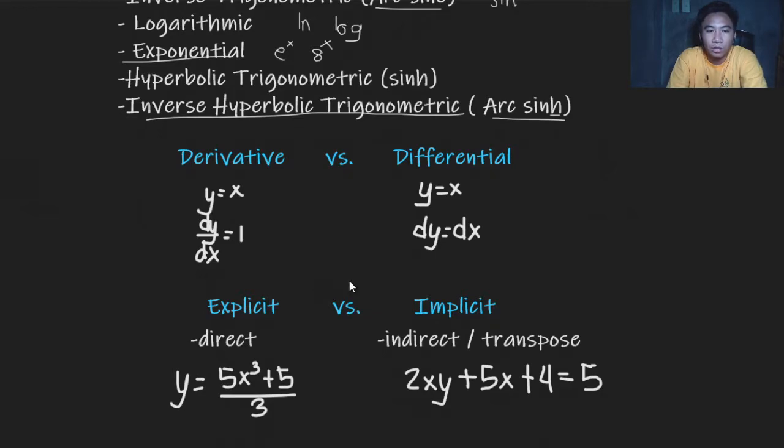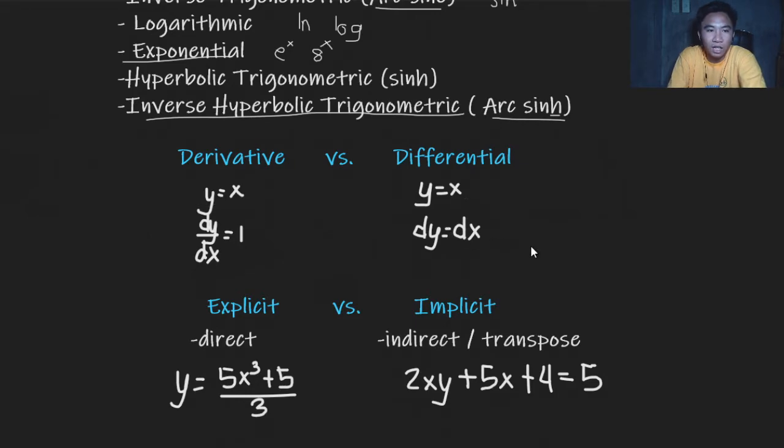We have example, y is equal to x. Ang derivative niyan is dy over dx, dy over dx is equal to 1. Pero kapag differential naman, magkakaroon tayo ng dy equals dx, the derivative of y, the derivative of x.